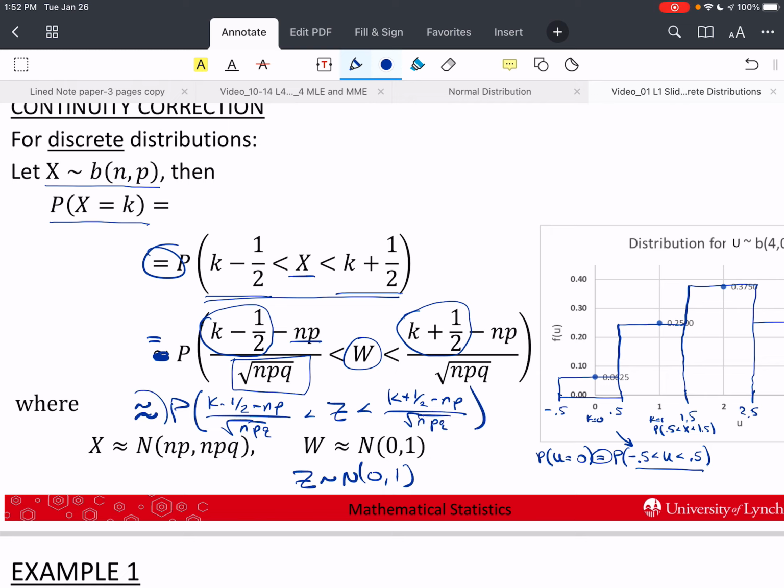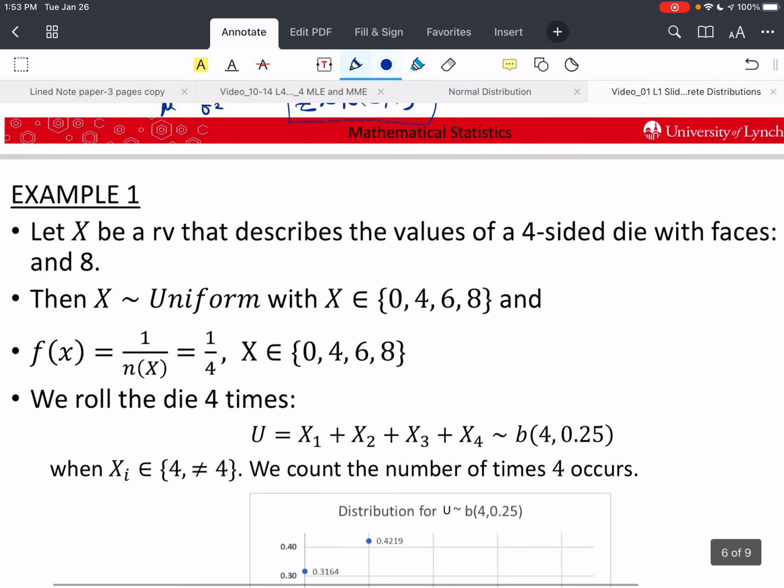Okay, so here's the approximation because Z is a standard normal. So in this, we can approximate X with a normal distribution, mean np, that's mu, and sigma squared is npq. And W then, with this transformation, is approximately a standard normal distribution. And so Z is the standard normal. Okay? So let's do an example, see how this works.